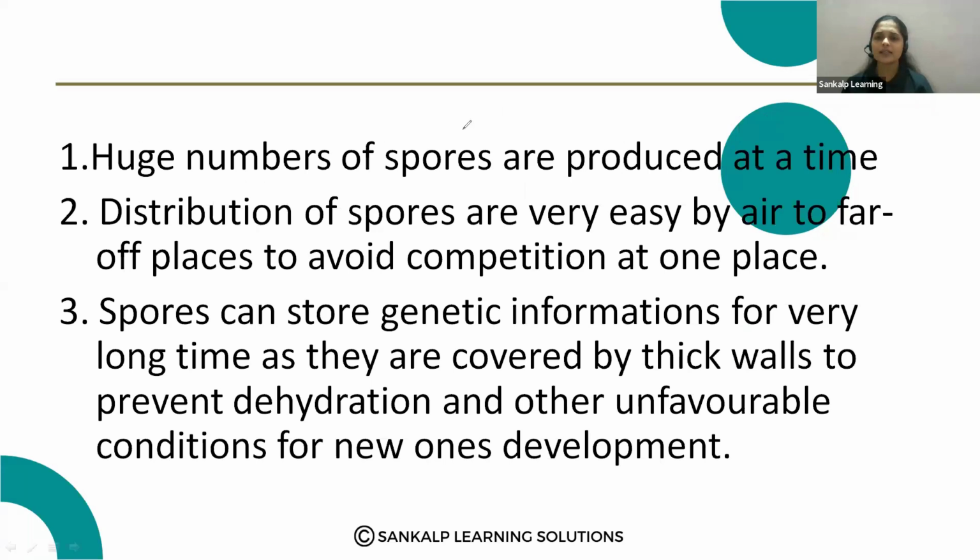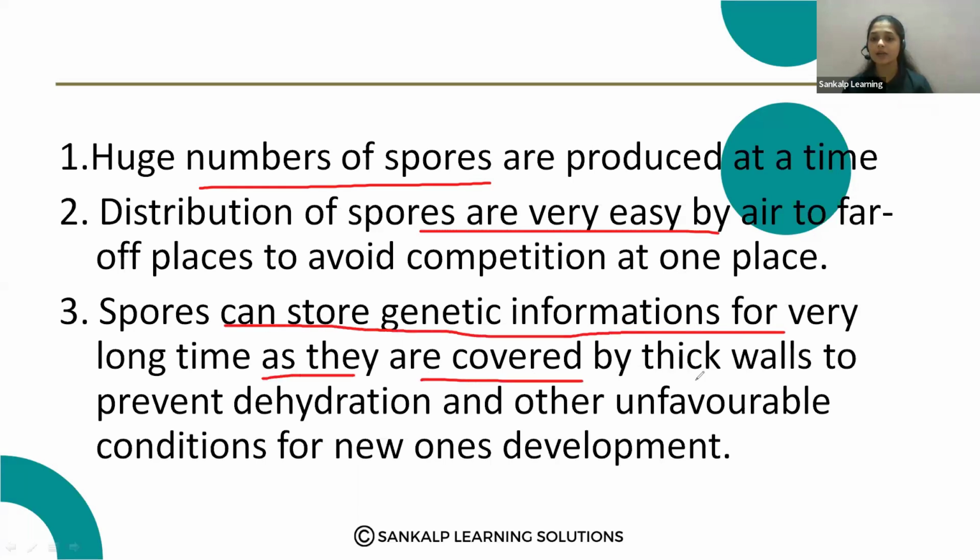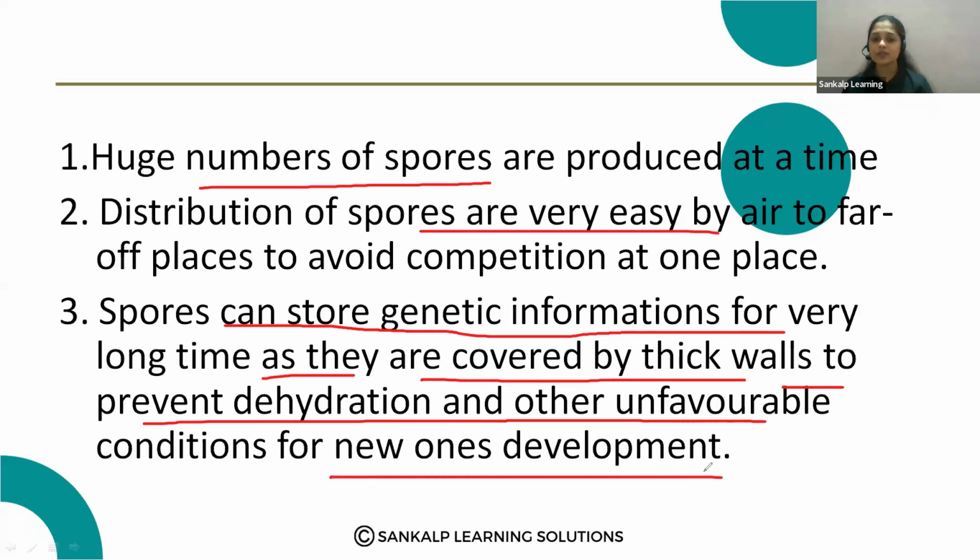So here, what we can say, it is produced in huge numbers at a time, and it is transported by the air, so the competition is reduced, and spores can store the genetic information for a very long time, as they are covered by thick walls to prevent dehydration and unfavorable conditions, for new ones' development. The spore is formed with a thick spore wall, right? So if there is a favorable condition only then it will germinate, if there is an unfavorable condition it will remain dormant, right?